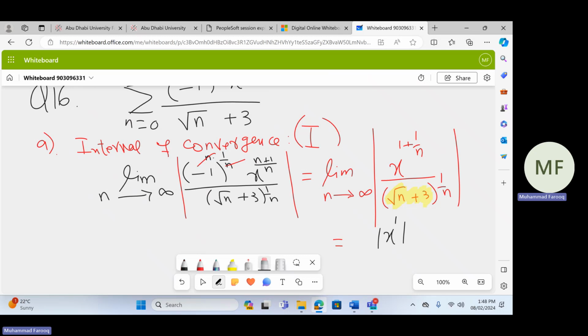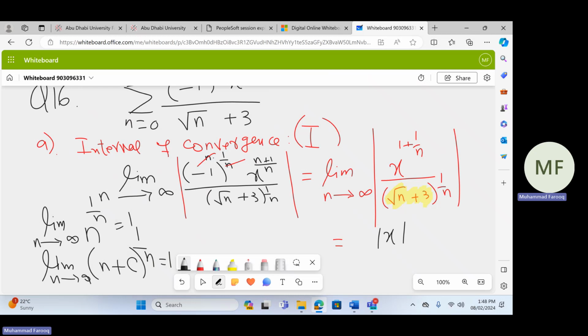This property I shared: n raised to power 1 over n, and limit n approaches infinity, or n plus some constant, basically it's 1.